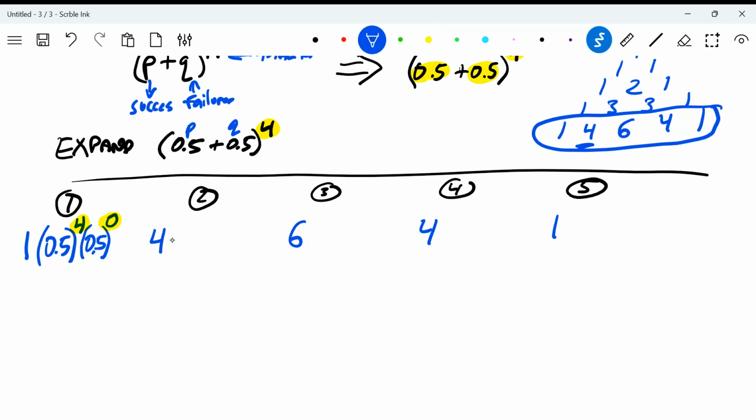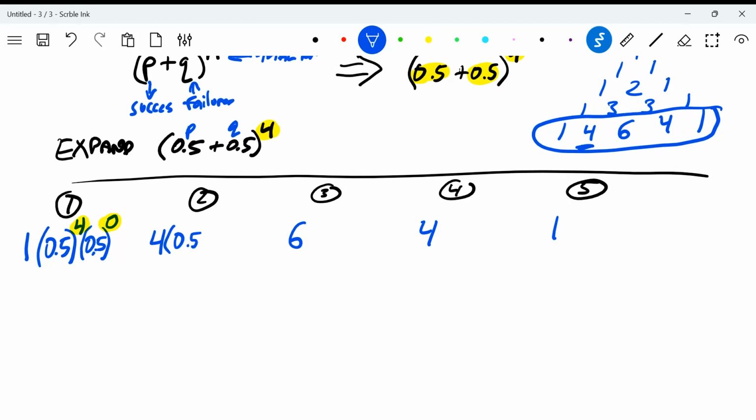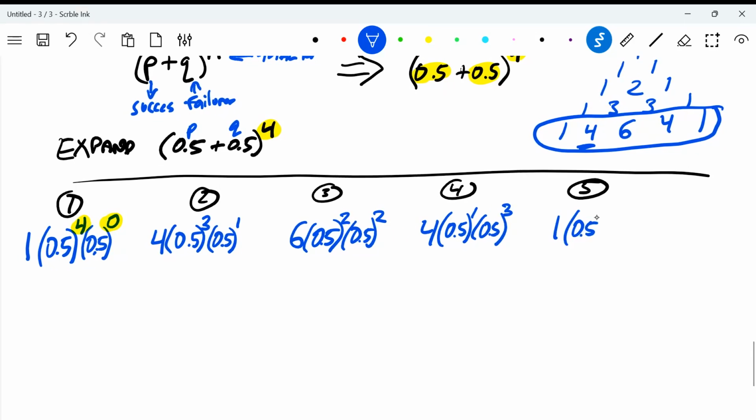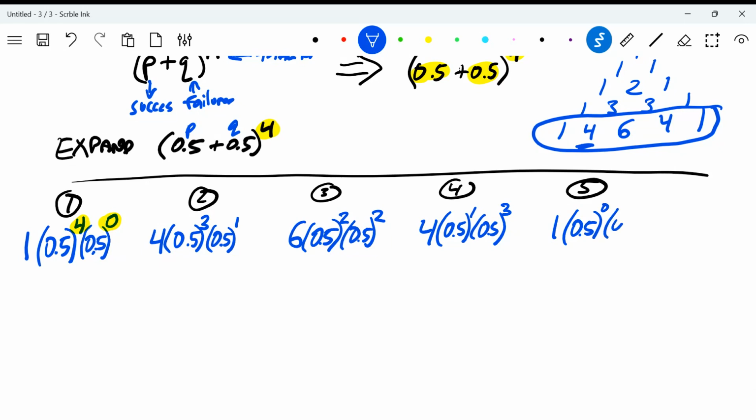And now we start going down. 0.5 to the 3, 0.5 to the first, 0.5 squared, 0.5 squared, 0.5 to the first, 0.5 to the third, 0.5 to the 0, and 0.5 to the fourth.